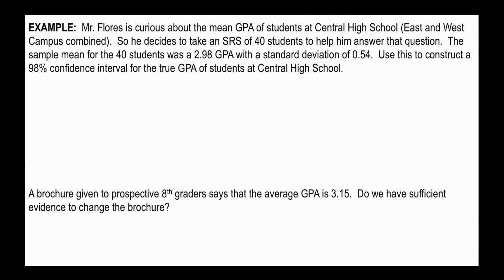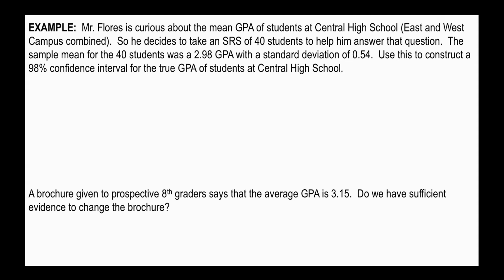So he decides to take an SRS of 40 students to help him answer that question. The sample mean for the 40 students is 2.98 GPA with a standard deviation of 0.54. Use this to construct a 98% confidence interval for the true GPA of students at Central High School back when we were one high school.